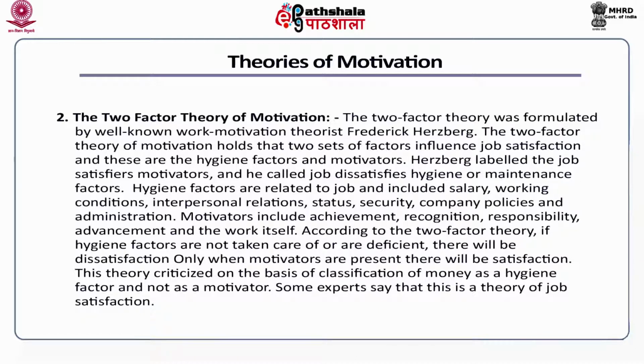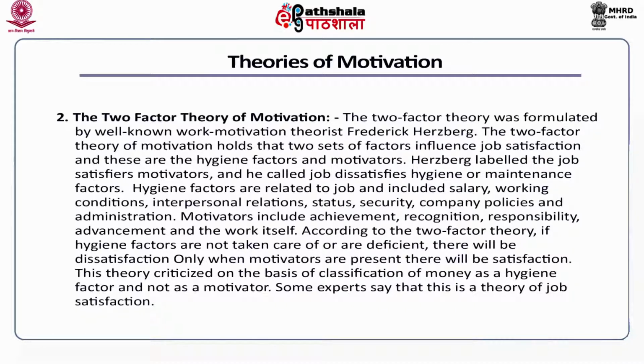According to the two-factor theory, if hygiene factors are not taken care of, there will be dissatisfaction. Only when motivators are present will there be satisfaction. This theory is criticized on the basis of its classification of money as a hygiene factor and not as a motivator.